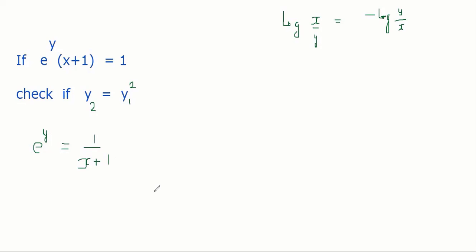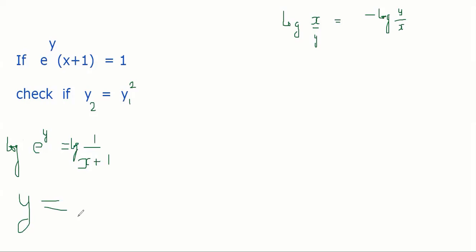If I apply log on both sides, log of this equal to log of this, can I do that? Log of e to the y equal to log of 1 by x plus 1. What is log of e to the y? It is y.